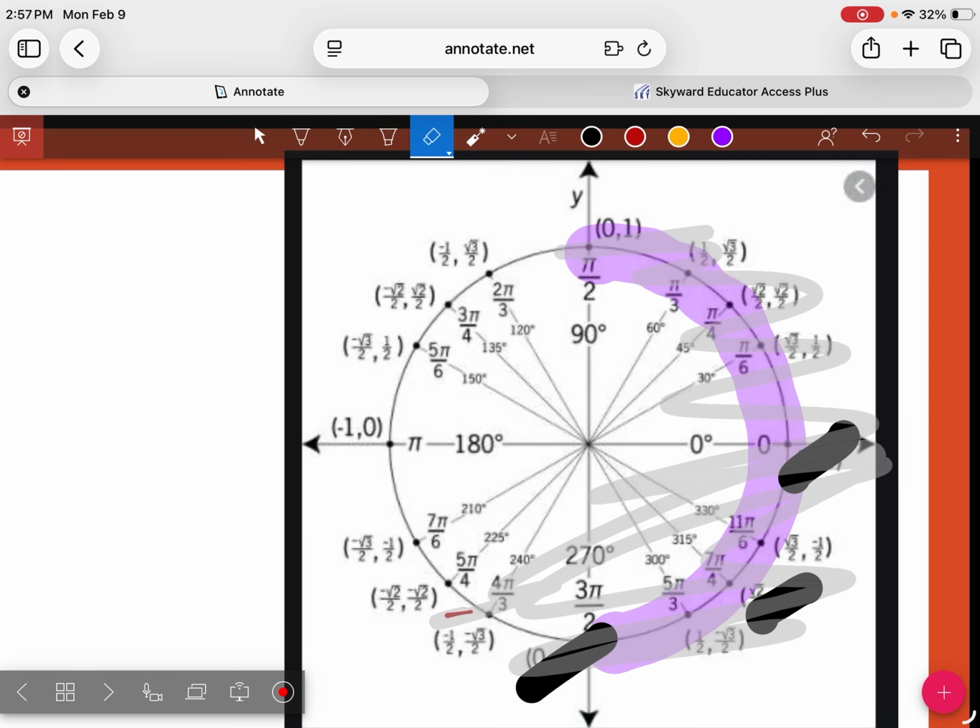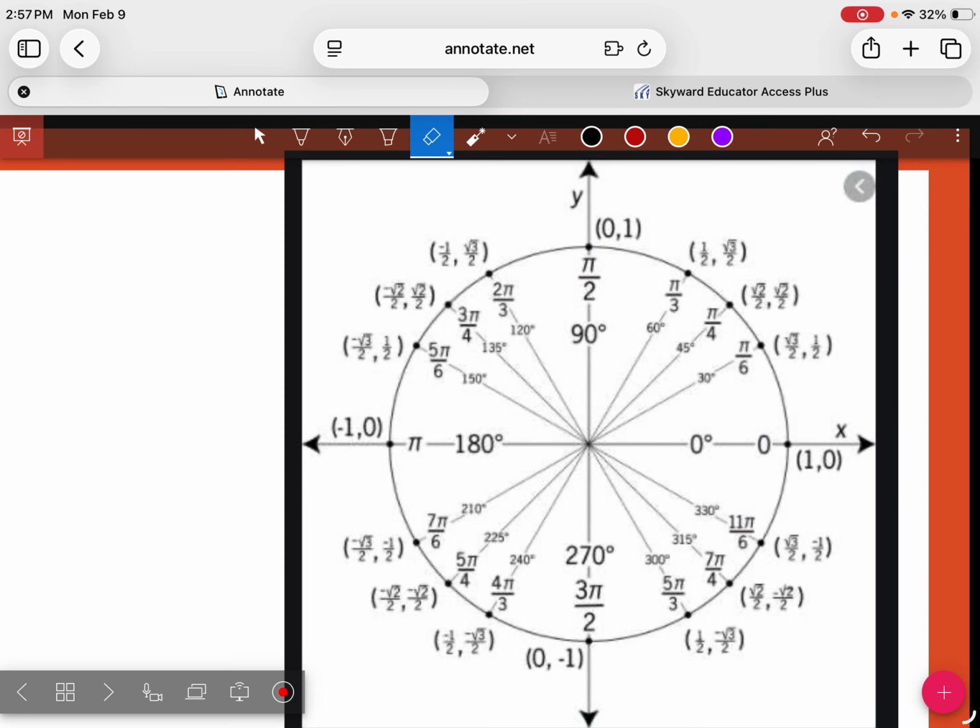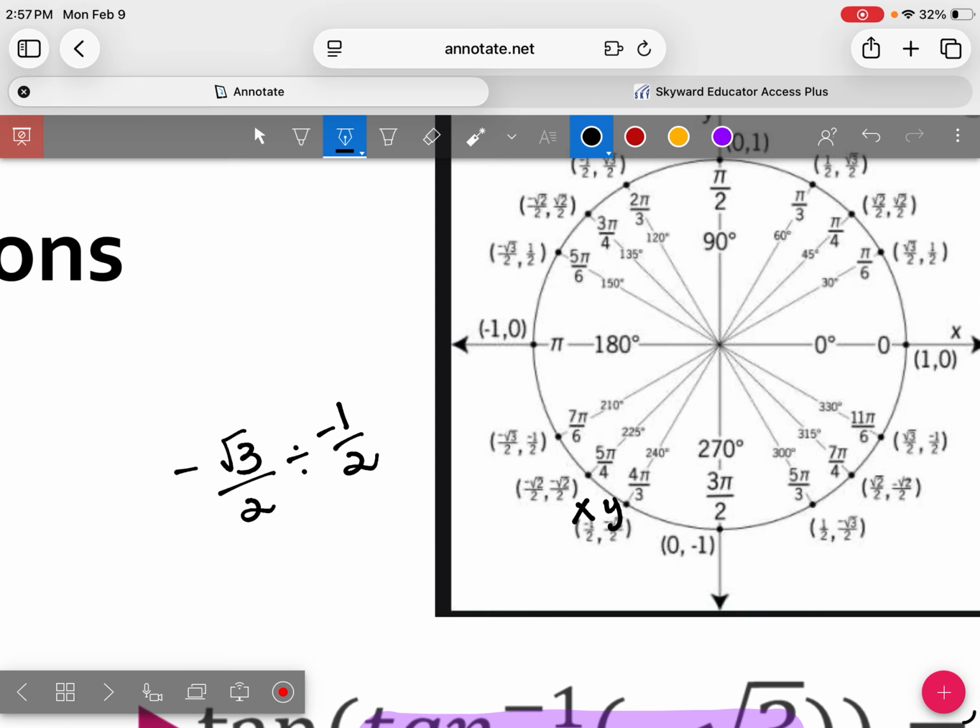I'm taking negative root 3 over 2 divided by negative 1/2. Keep, change, flip it: negative root 3 over 2 times negative 2 over 1. This cancels, and my answer ends up being a positive root 3.